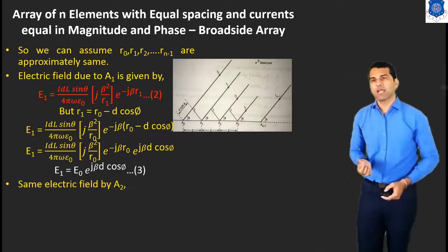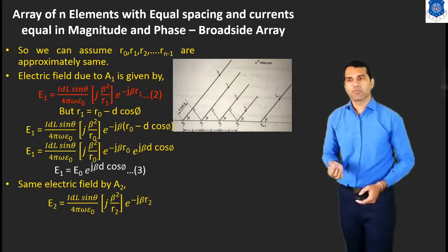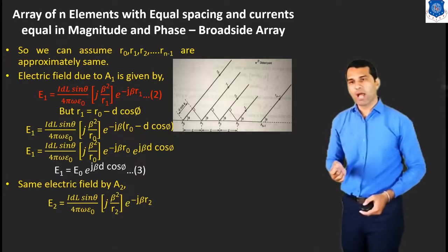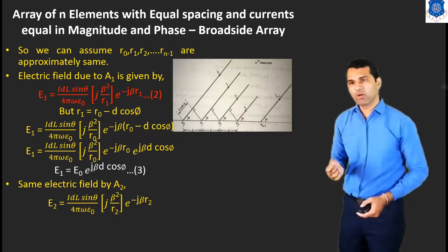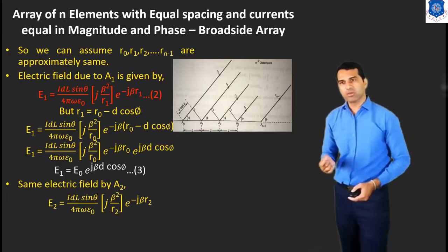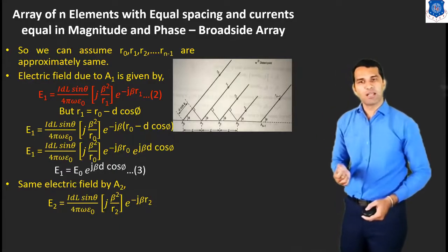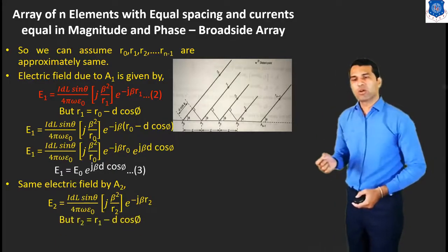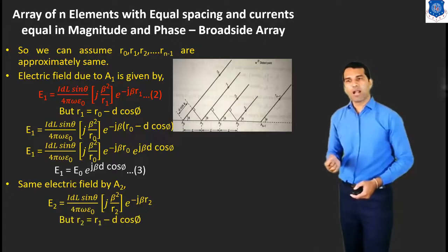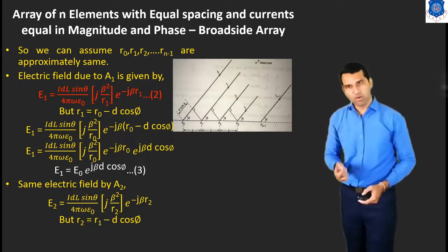Similarly, we can write the field for A2 as E2 = (I dl sin theta / 4 pi omega epsilon 0) j beta squared / r2 e raised to minus j beta r2. Instead of r2 we write r2 equals r1 minus d cos phi.